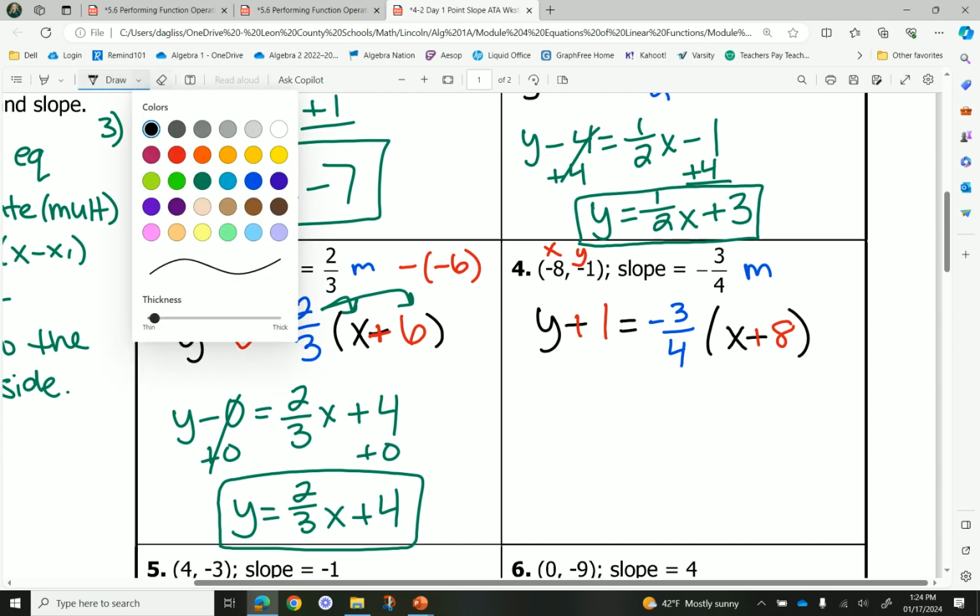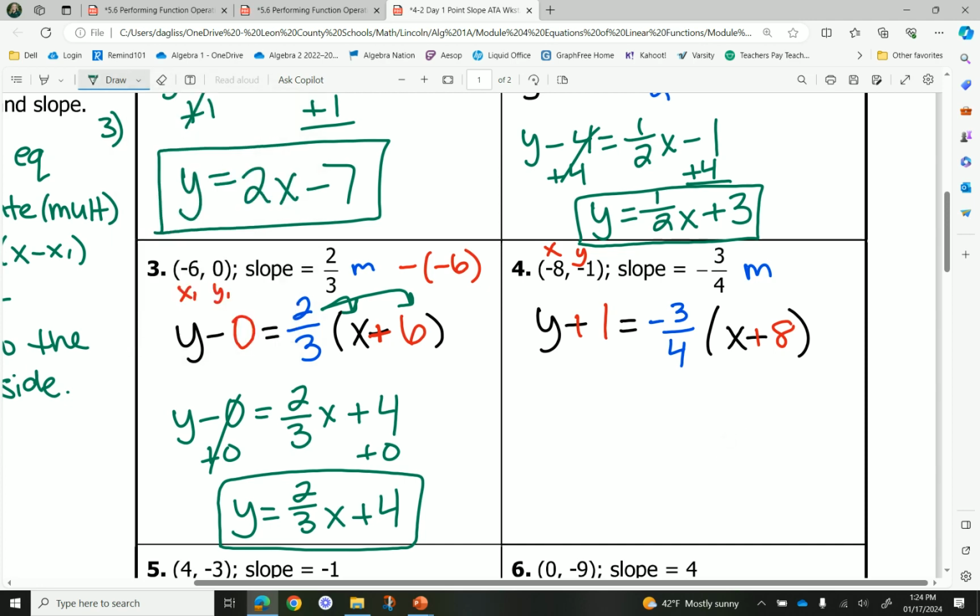All right, we're doing great. Tell me what to do now. Not yet. Step 1 was set it up. What is step 2? Distribute. Negative 3/4 times x and then times 8. It's gonna be negative 24 over 4.